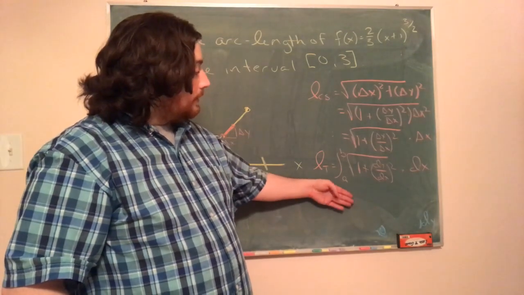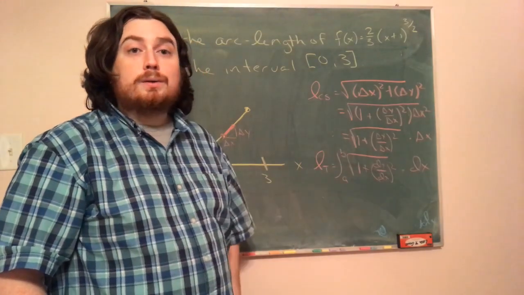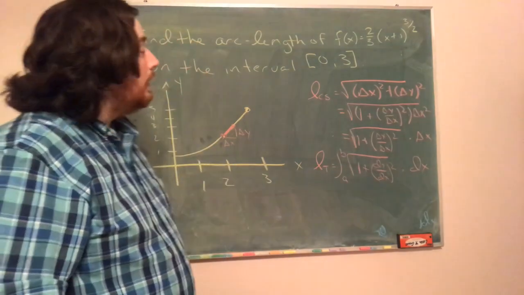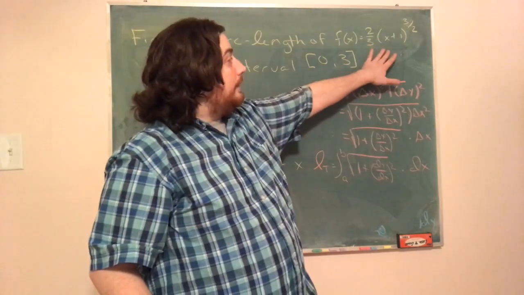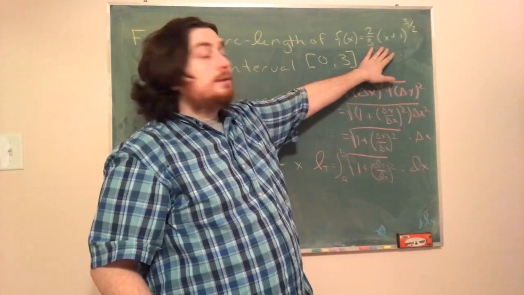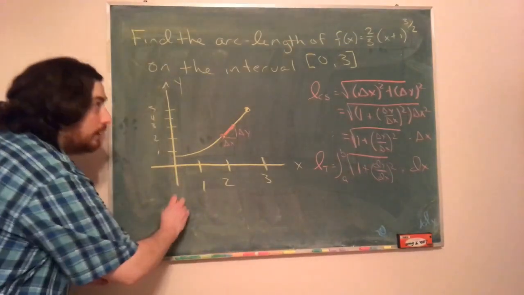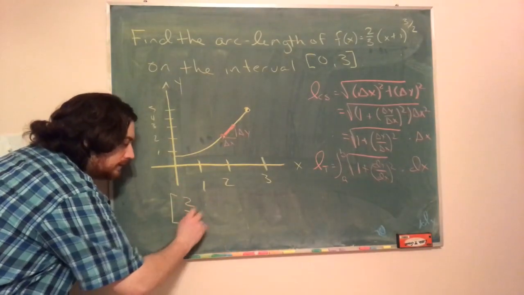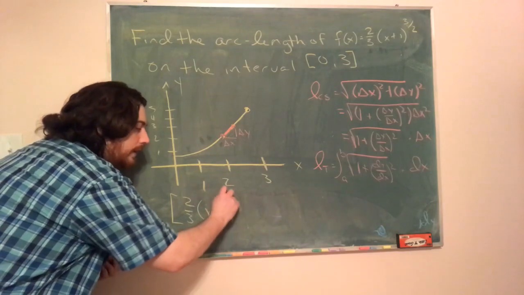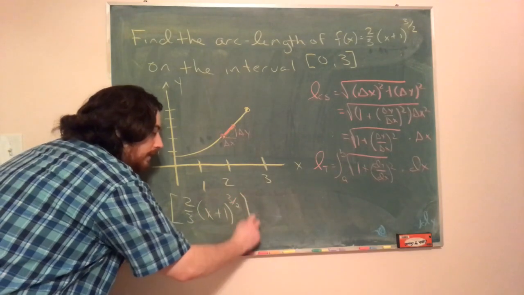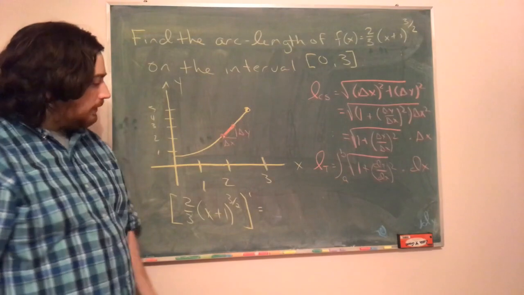I'm also going to have to find my starting value and my ending value. If I want to find dy/dx, I would take the derivative of 2/3 (x plus 1) to the 3/2. In order to do this, I'm going to use the chain rule.